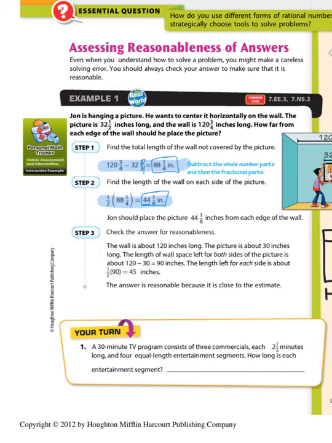Okay, so what this is saying is I have 3 commercials that are all 2.5 minutes long, and then 4 equal-length segments. I don't know what those segments are, so I'm just going to mark it as X right now. And then all those added together should be 30 minutes.